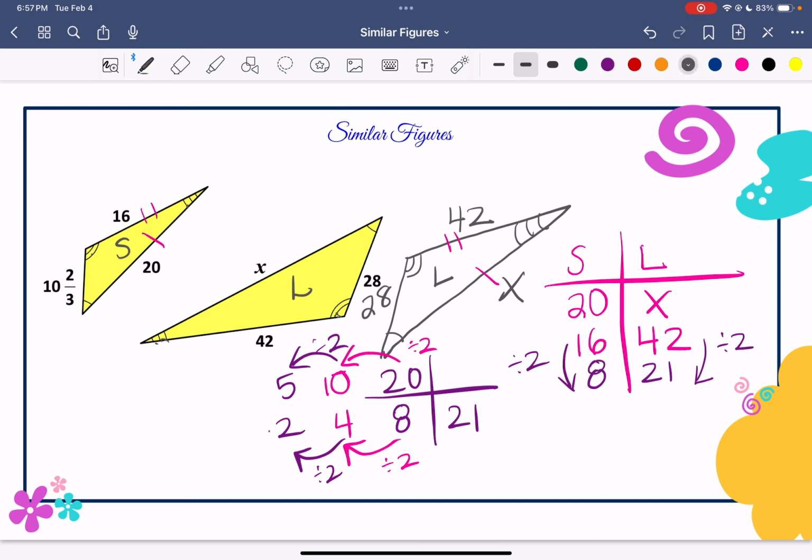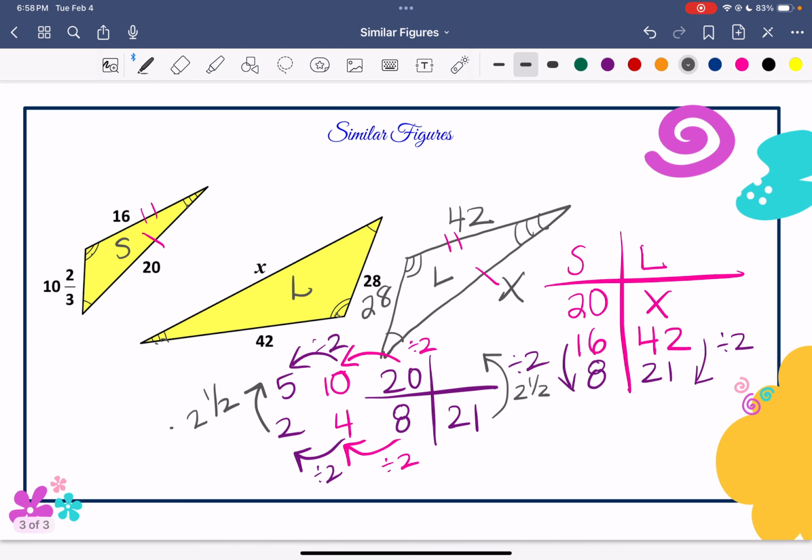I do know that 2 times 2.5 will give me 5. So I'm going to scale my 2 by 2.5. And then I'm also going to scale 21 by 2.5. Nobody says you have to simplify. You can start solving, and I know my kids do that, and I'm okay with it.